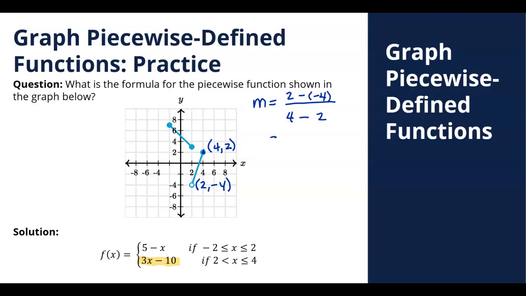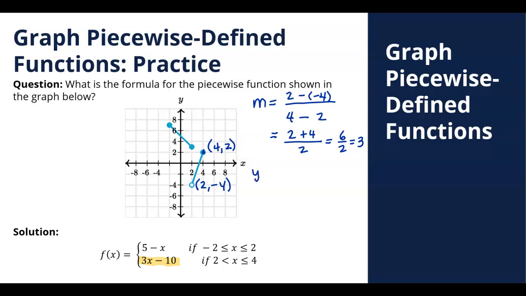And simplifying this, we have 2 plus 4 divided by 2. So 2 plus 4 is equal to 6. Divided by 2 is equal to 3. So the slope is 3.